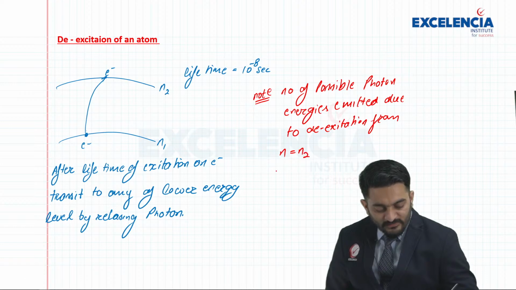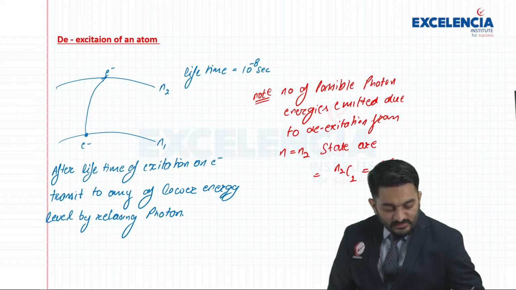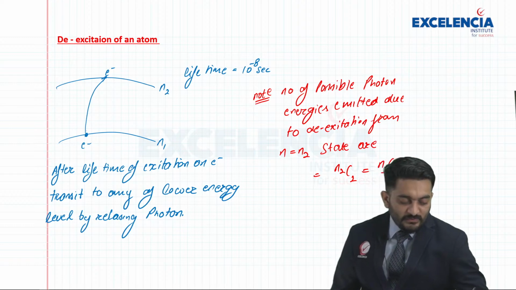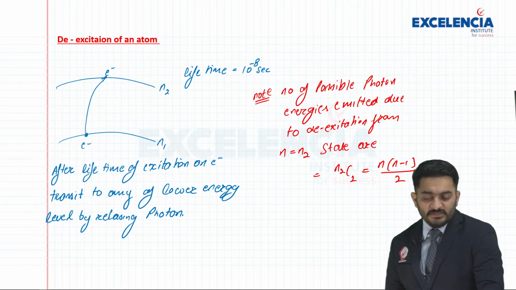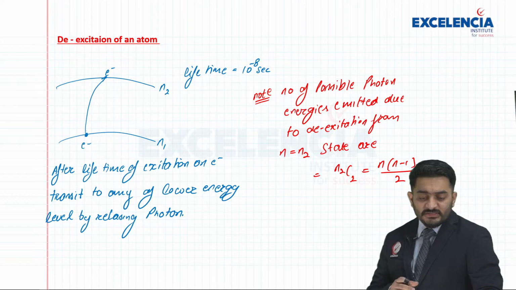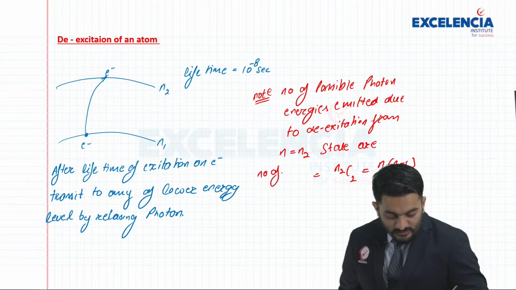In this case I have taken n2. The formula is very handy, so you can say it is nC2, which you can remember as n(n minus 1)/2. I hope you people are familiar with this formula as well, because it also gives you the number of lines of spectra, or the number of spectral lines.